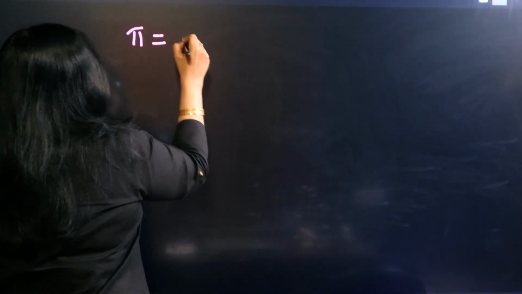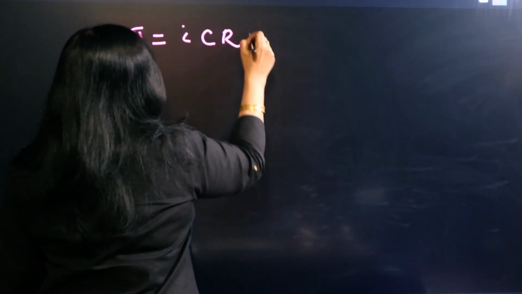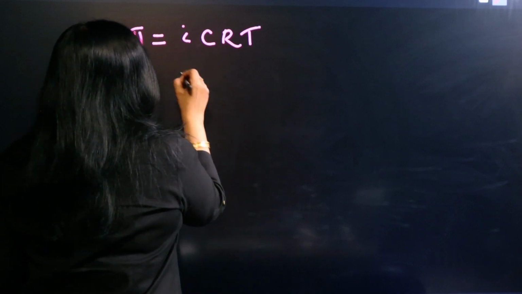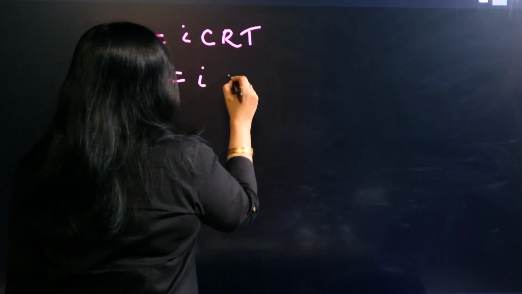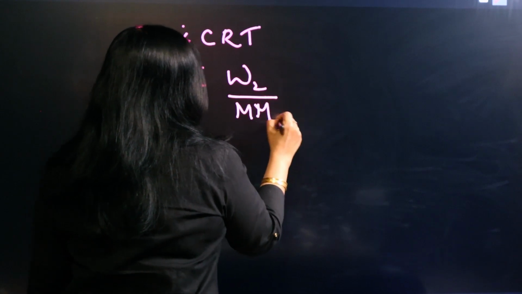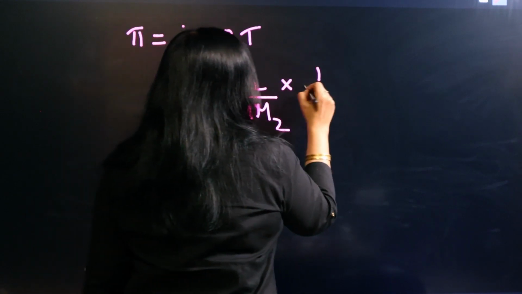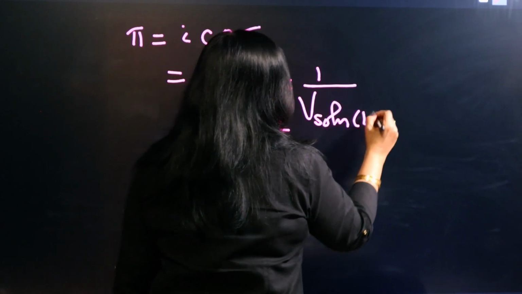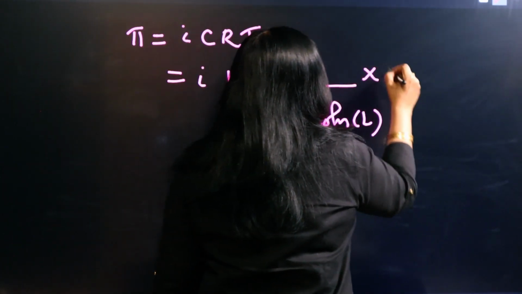What is the formula for osmotic pressure? Pi is equal to i into CRT. i is the Van't Hoff factor. So i into C, where C is the molarity, which is mass of the solute by molar mass of the solute into 1 by volume of the solution in liter, into RT.